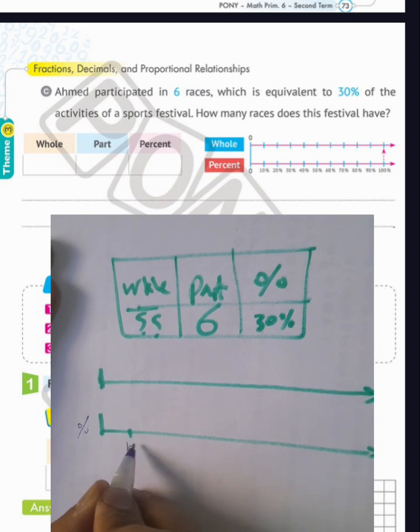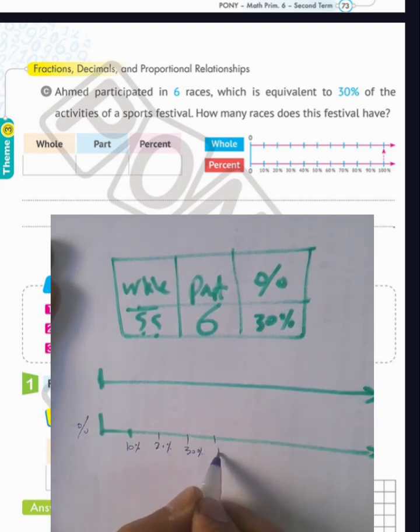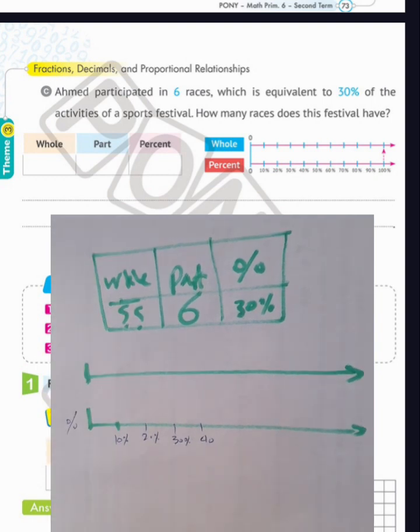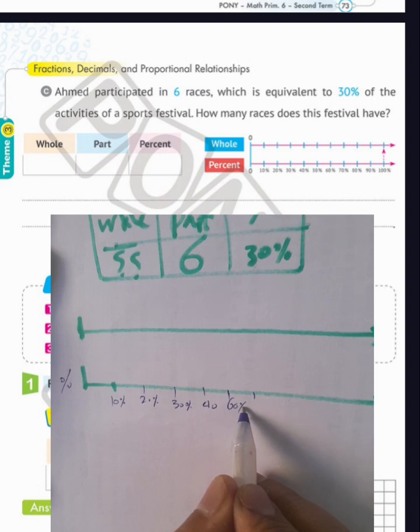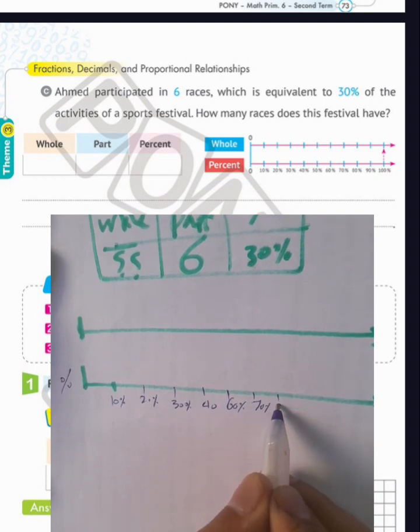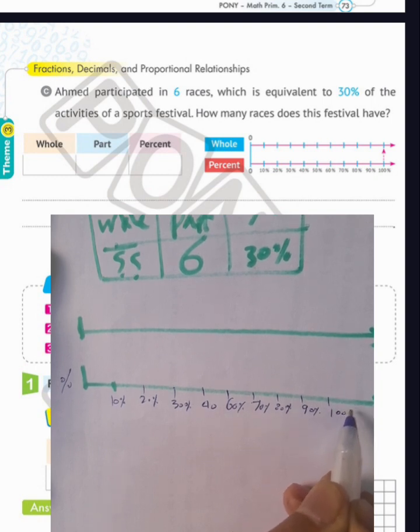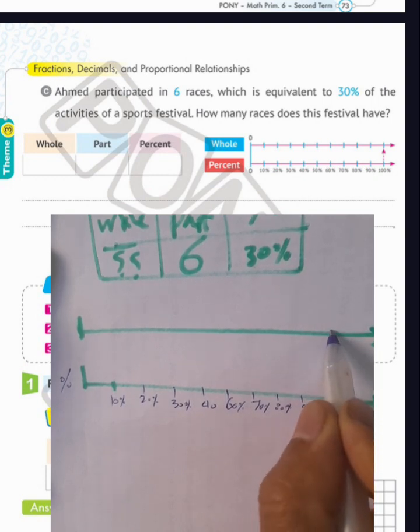10%, 20%, 30%, 40%, 60%, 70%, 80%, 90%, 100%. I want to find 100% here.